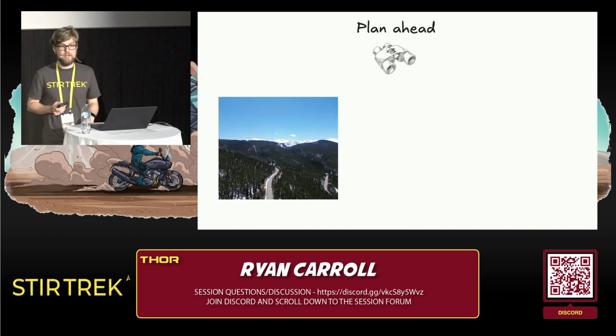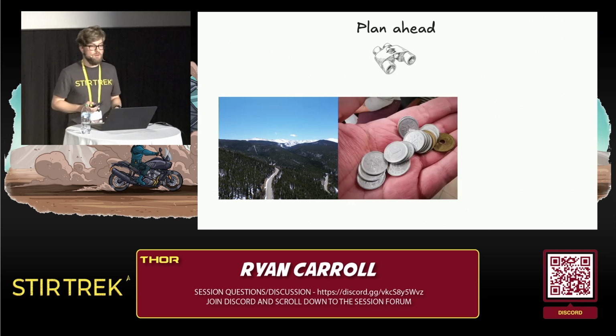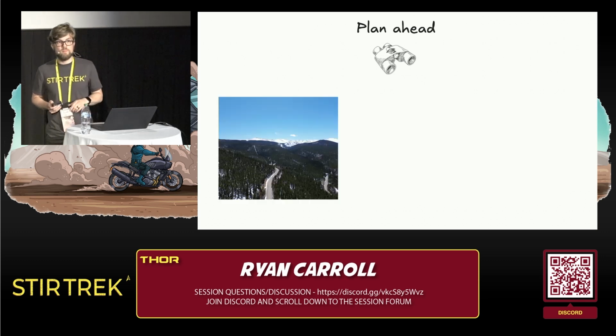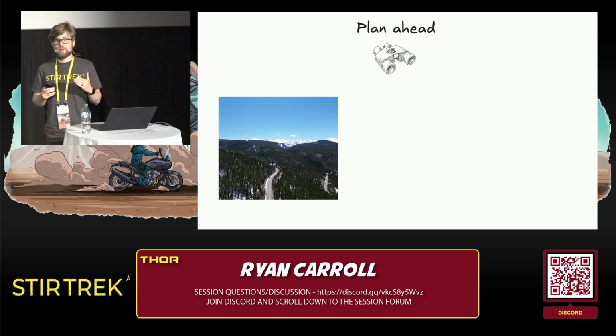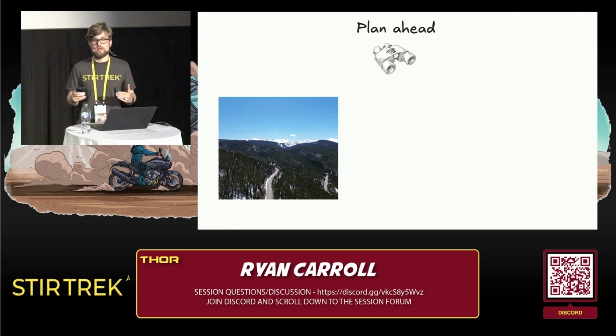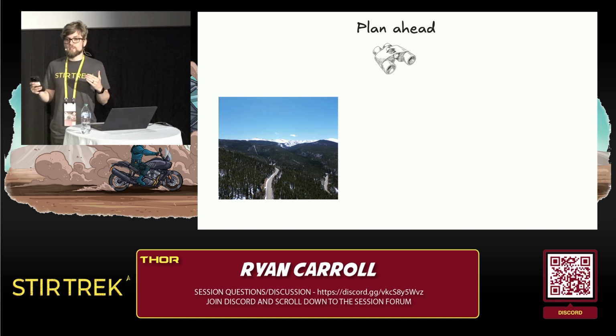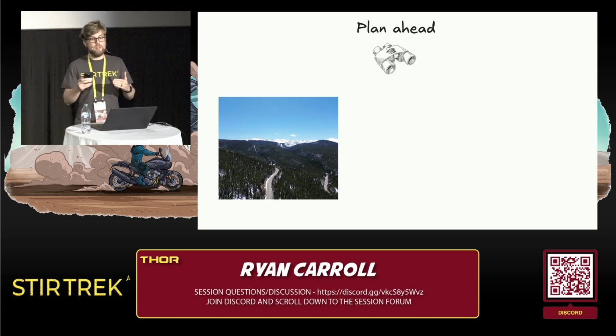So when you're planning ahead, there are a few things that you want to think about. The first one is going to be a roadmap. When you really think about it, a mobile app is a product in itself. And you want to think about, how am I going to roadmap this out and what sort of features might I want for the future?